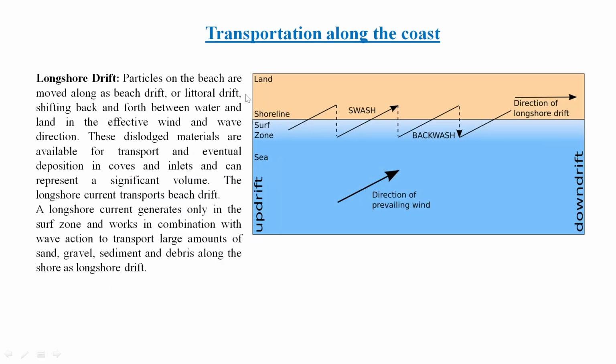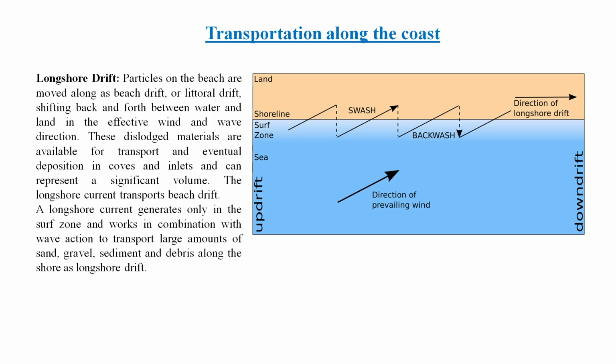The problem is a drift in the wave current, which is also referred to as the longshore drift. If this is land and this is sea, the blue is sea obviously, and here you have this shoreline, then remember that this swash and backwash mechanism is not always going in a straight path.